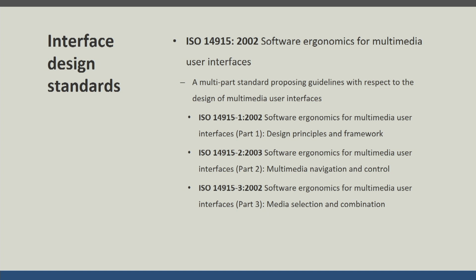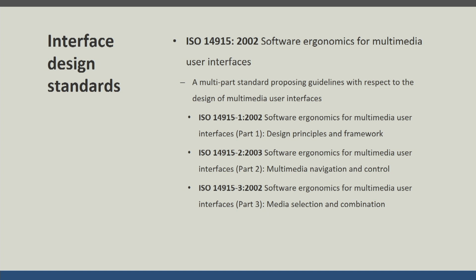We have part 1, part 2 and part 3, and they are slightly different from each other. The first part is design principles and framework. The second part is multimedia navigation and control. And the third part is media selection and combination.